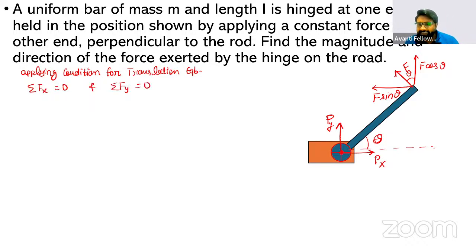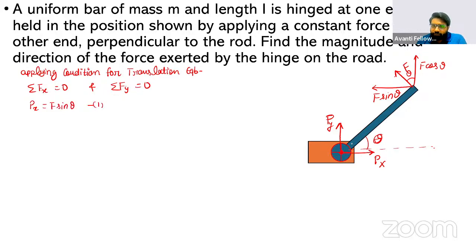All the forces in x direction need to be zero, and all the forces in y direction need to be zero. So x direction में force कौन कौन से हैं, Px और F sin theta. So we can say that Px is equal to F sin theta because they are opposite in direction.